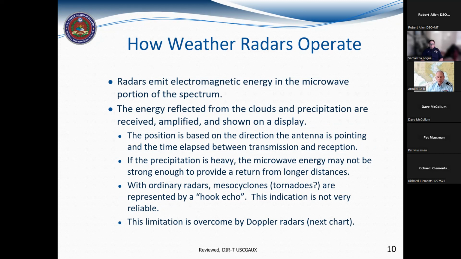The position is based on the direction of the antenna pointing and the time elapsed between transmission and reception. And if precipitation is heavy, the energy may not be strong enough to provide a return from longer distances. And with ordinary radar, mesocyclones are represented by a so-called hook echo, and this indication really is not that reliable.